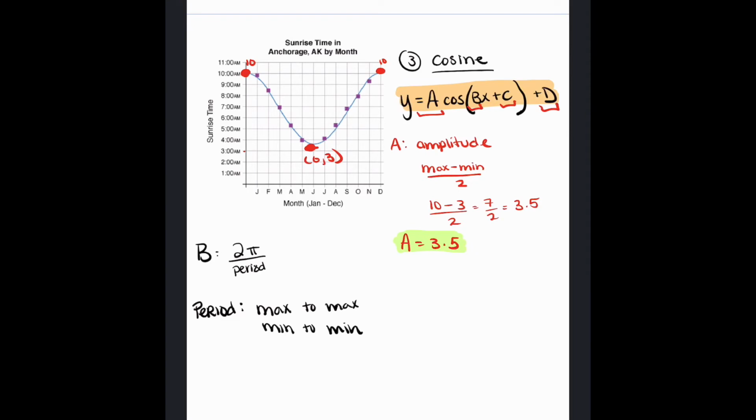If I'm looking at this graph, I only have one minimum here, so I want to do max to max. My 2 maximum points are right up here. These points are over 0, up 10, and over 12, up 10, right? Because December represented 12.